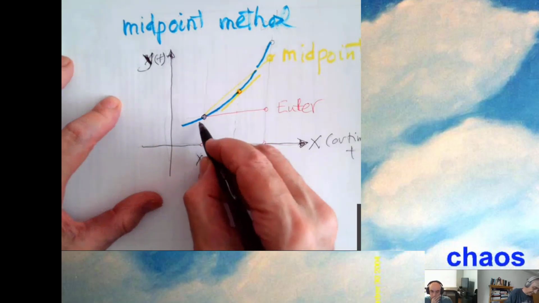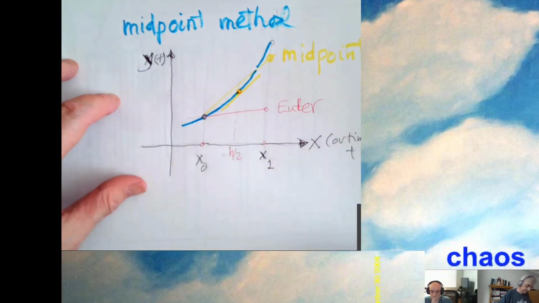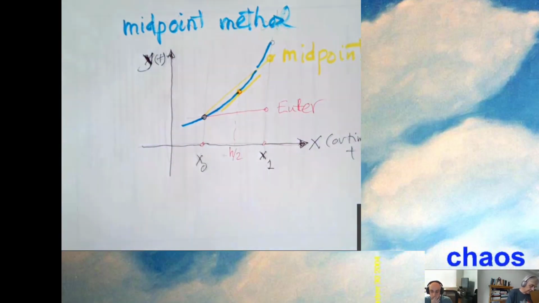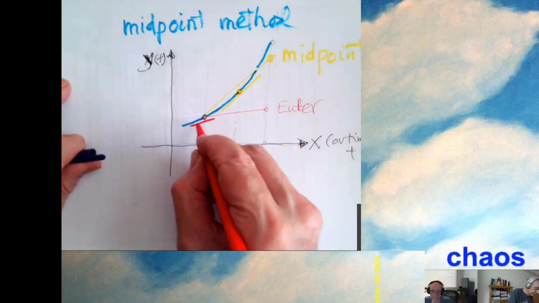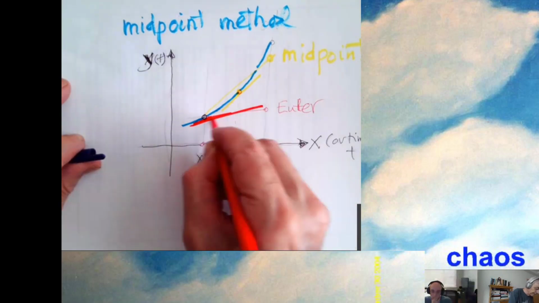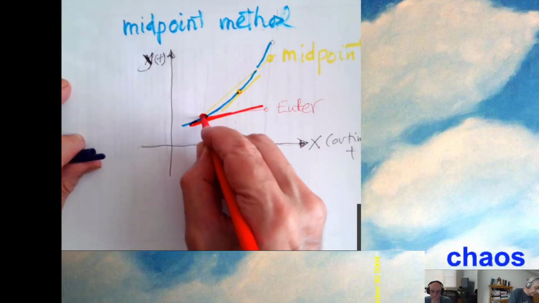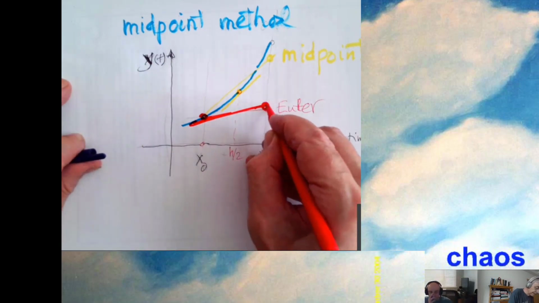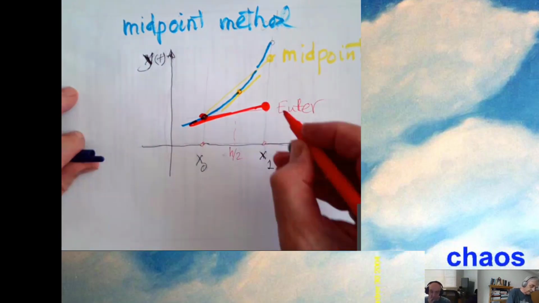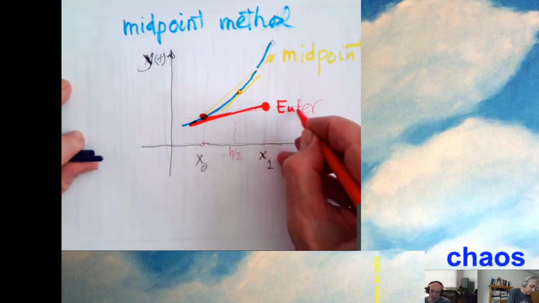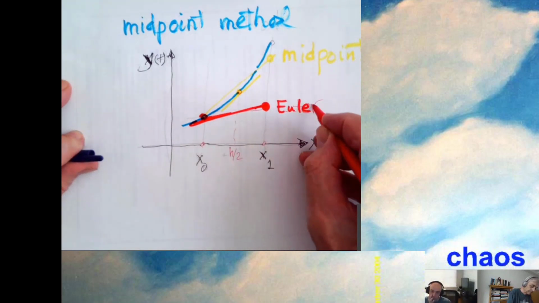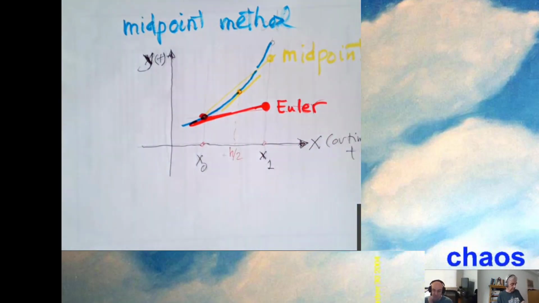Euler says, sorry, no, I drew it in a way that is not very impressive, but it says, if I look at the tangent here, I get a prediction. And I accuse Euler of being a klutz, that klutz Euler.